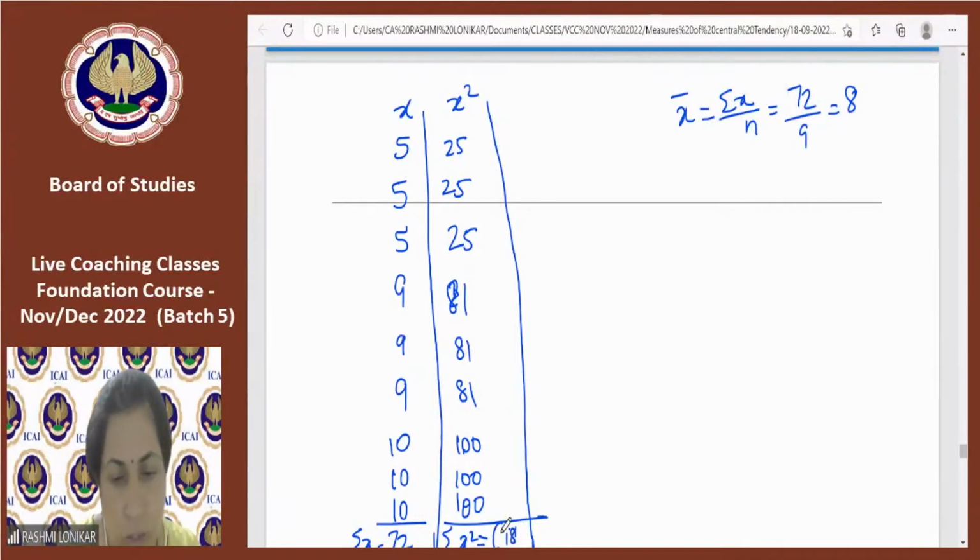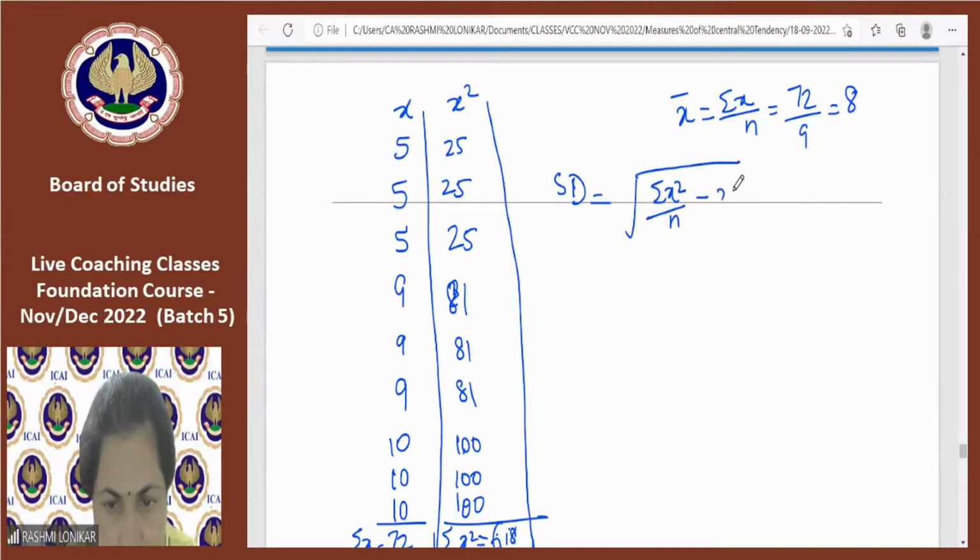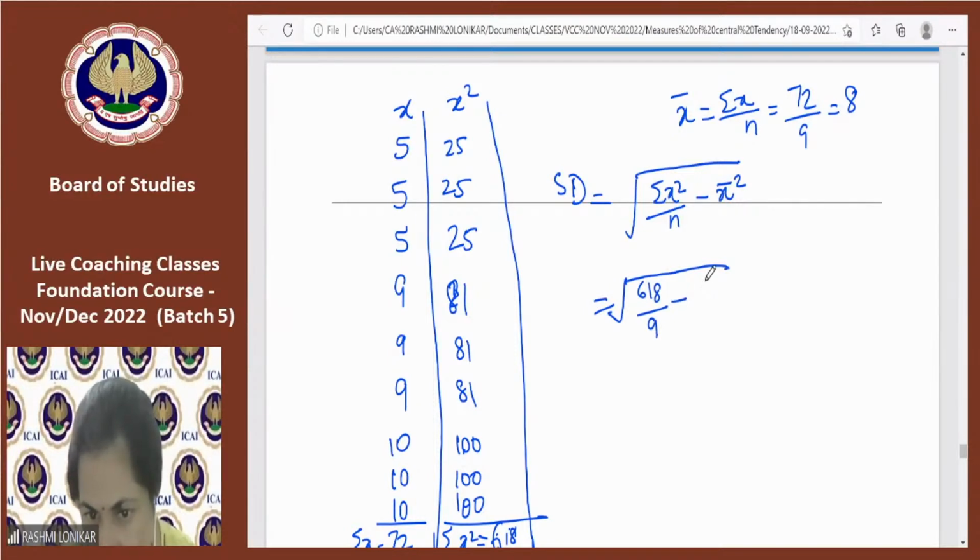So what is the second formula for standard deviation? It says that it is square root of summation x square upon n minus x bar square. Summation x square is 618, n is 9, and x bar is 8.